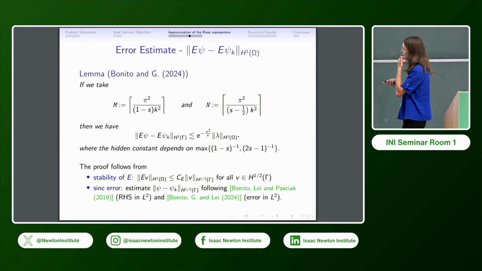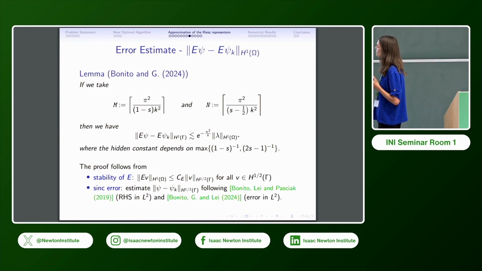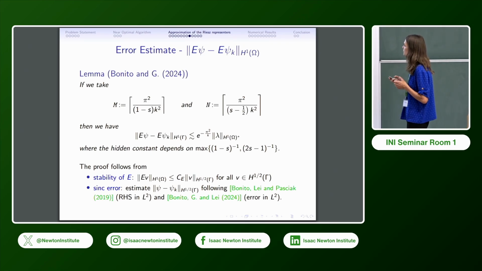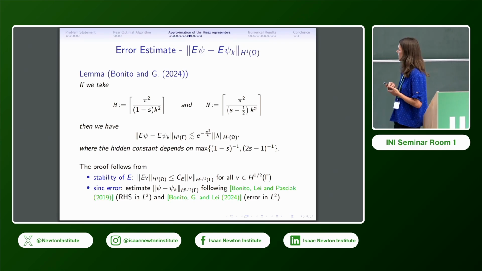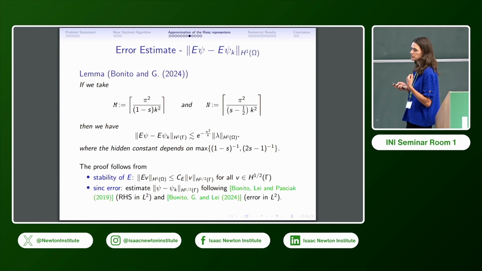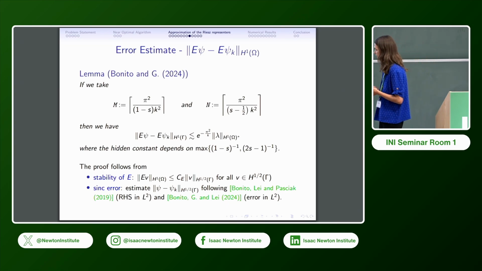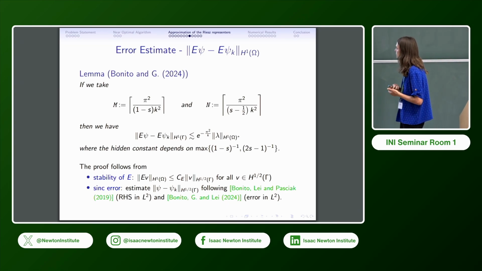It's pretty standard. We bound the first term, which is this guy, by some exponentially decreasing term in the spacing k. And for that, we use stability of the discrete extension operator, and then the sinc quadrature error was analyzed in many previous works.